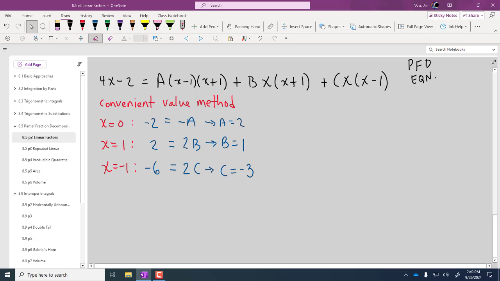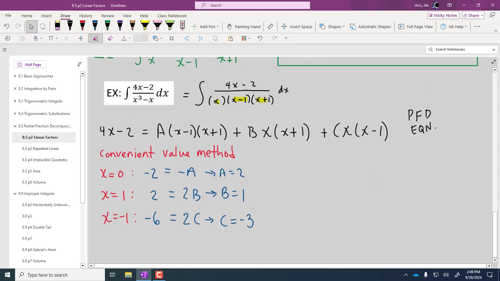So in the case of linear factors, this is way faster when you have linears. And so we'll see that when we have irreducible quadratics, we have to use the traditional technique. There's not going to be convenient values for an irreducible quadratic. It's irreducible. It has no zeros. So it's not going to work for that.